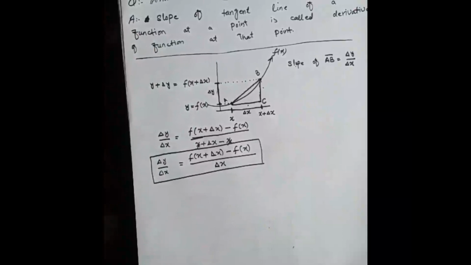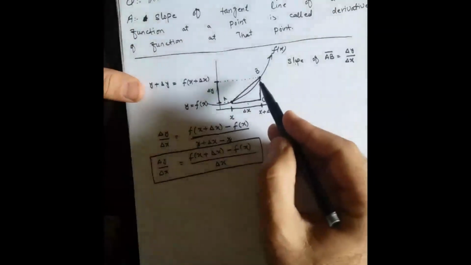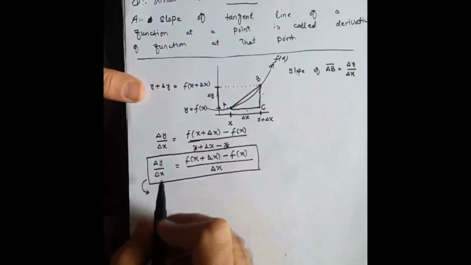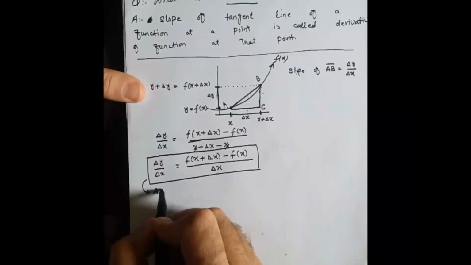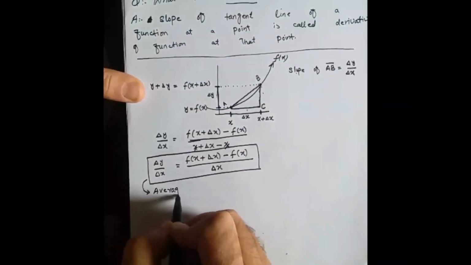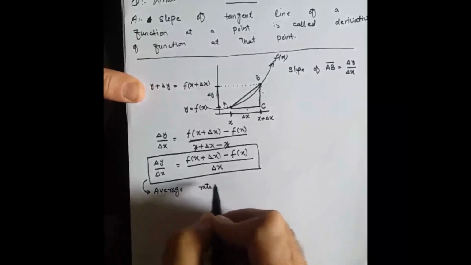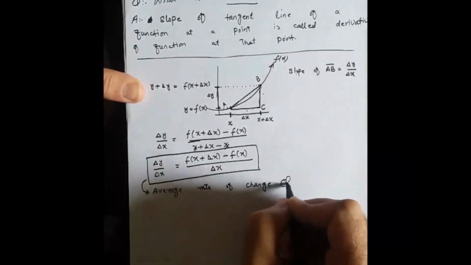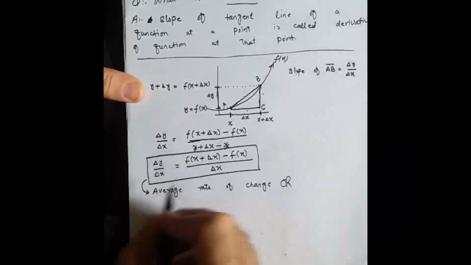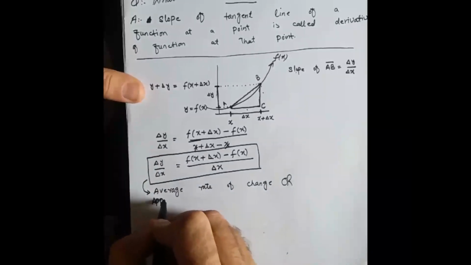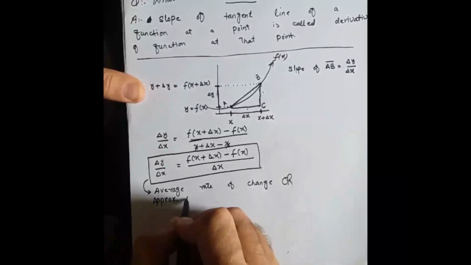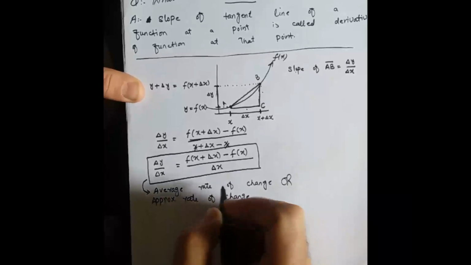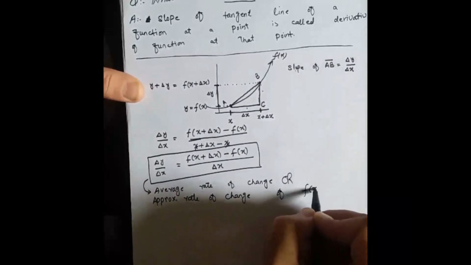So by this formula we can find the slope of secant line AB, and this slope of the secant line is called the average rate of change or approximate rate of change of the function f of x.